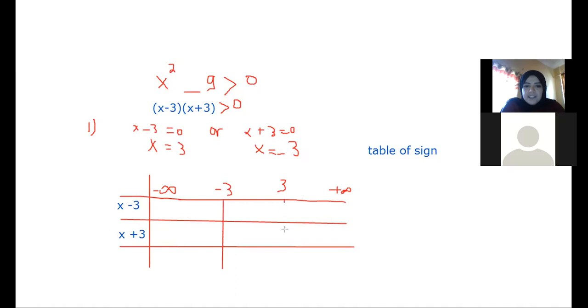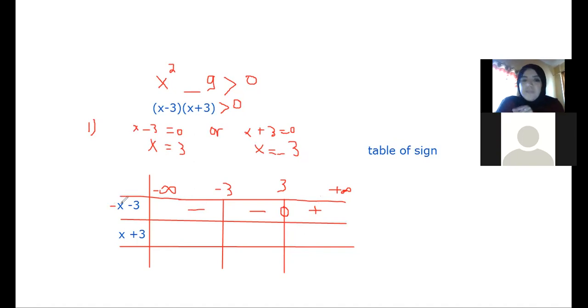Now, what's the root for x minus 3? The root for x minus 3 is 3, so I put 0. Everything before 0 is negative, after 0 is positive, unless I have a negative before the x, then they flip.